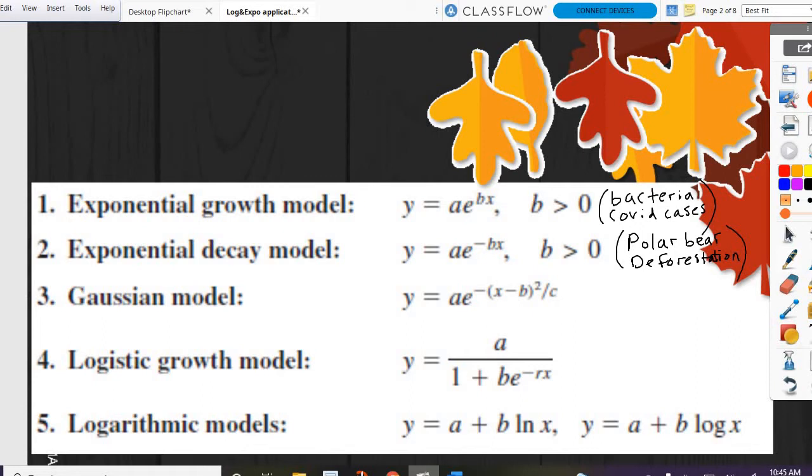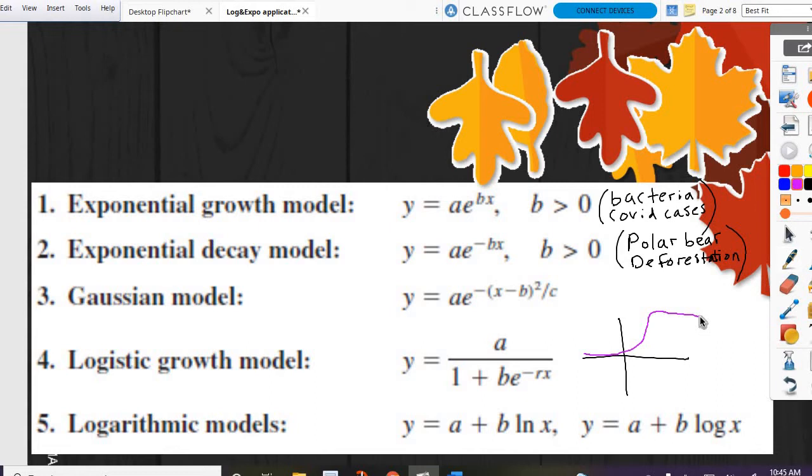What makes more sense in the real world is something that looks like an exponential growth model, but then eventually it levels off. That is our logistic growth model. Again, some examples would be population with a limiting factor, like space, food, things like that.